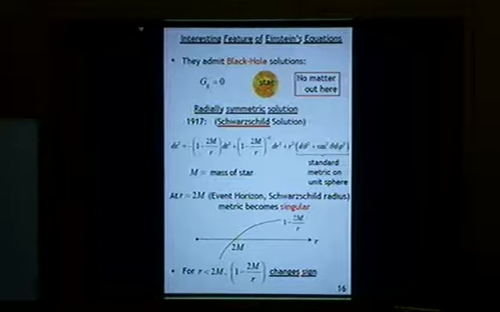This was found in 1917, 2 years after Einstein's theory, by the German astronomer Schwarzschild, who was a friend of Einstein in Berlin. He was talking to Einstein, and he understood Einstein's theory right at the beginning, and he made this calculation. In fact, this is a very interesting story.